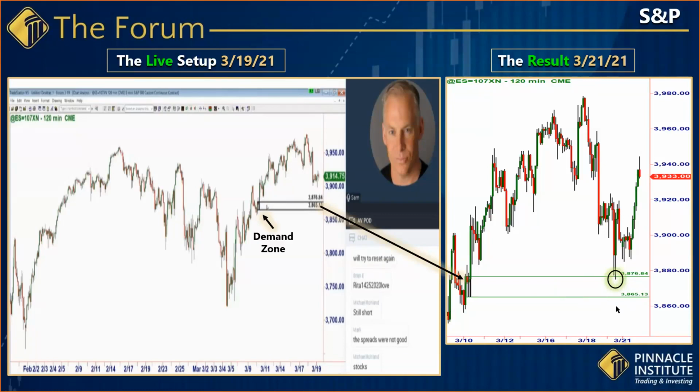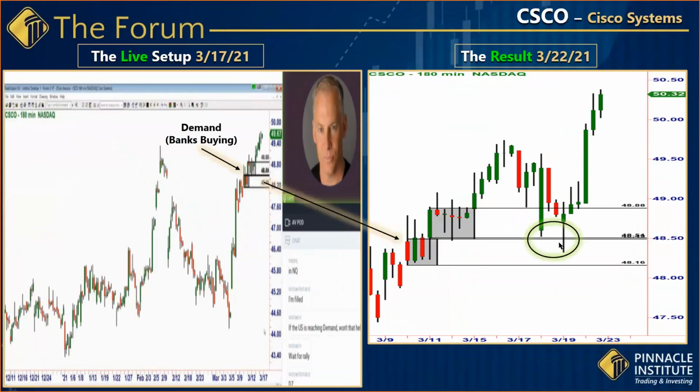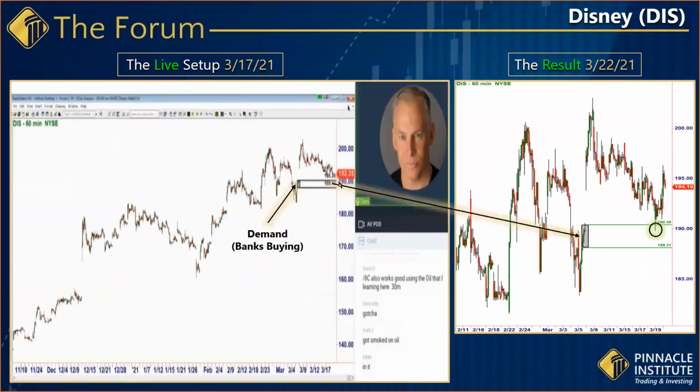That's how you attain the low risk entry. So prices started the week at demand and moved higher quickly, as they should. With that, stocks like Cisco came down into our demand zones and rallied. Disney came down into our gap demand zone and rallied.